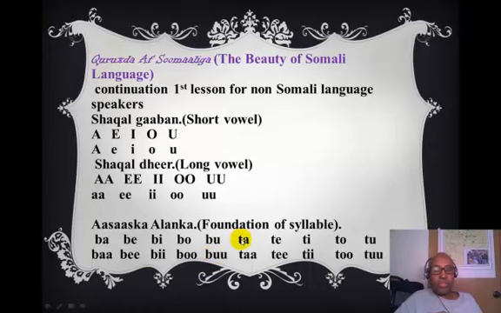Another example is ta, te, ti, to, tu. That's the letter ta with short vowels. Now the letter ta with the long vowels: ta, te, ti, to, tu.